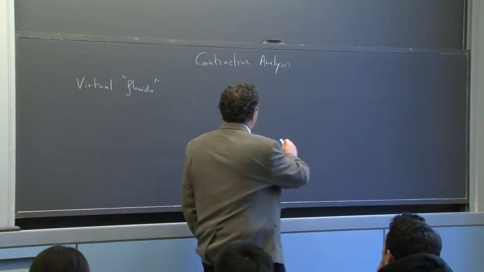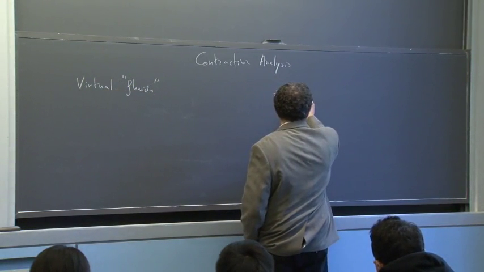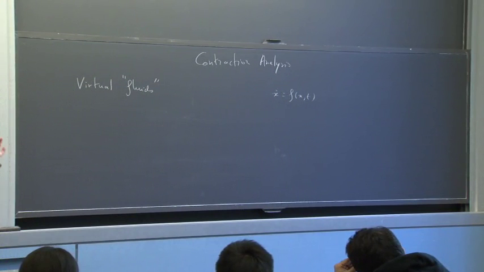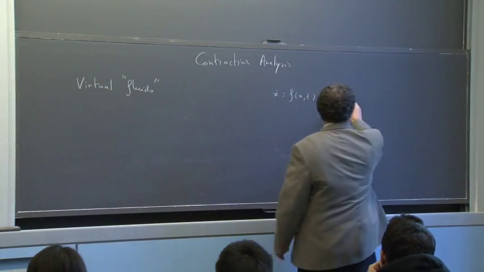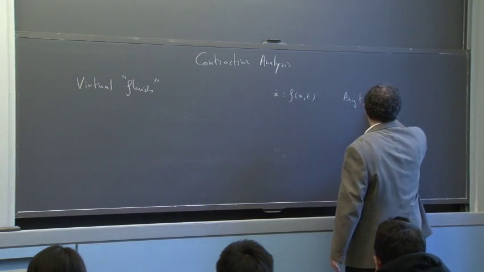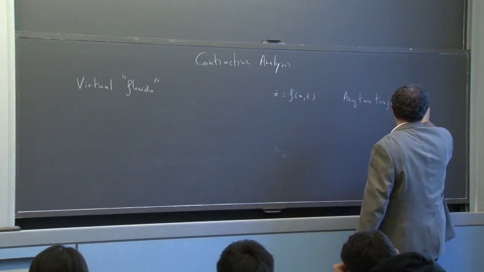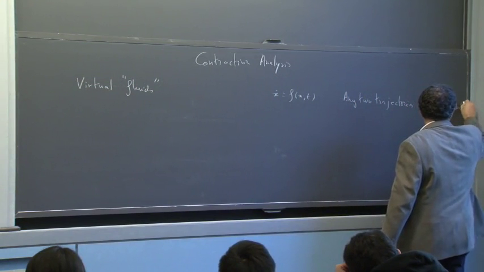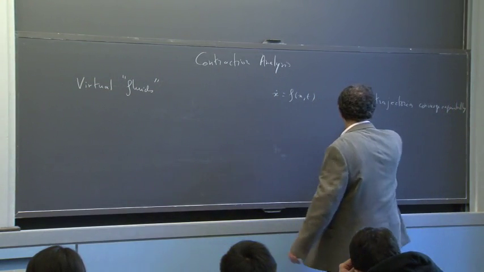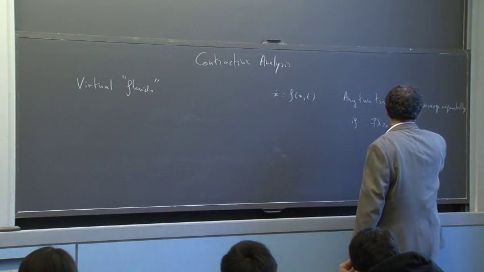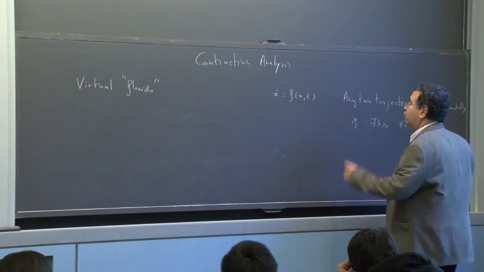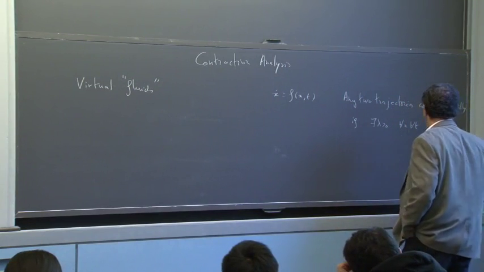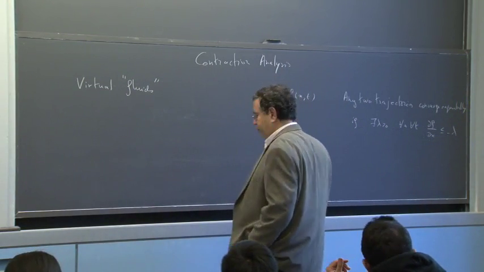We said, in particular, if you have a scalar system, and if you wonder whether it is true or not that any two trajectories converge exponentially to each other, we said this was true if the derivative of f with respect to x was less than some constant negative number.